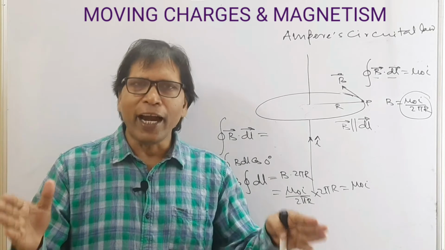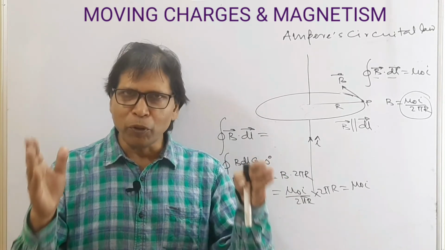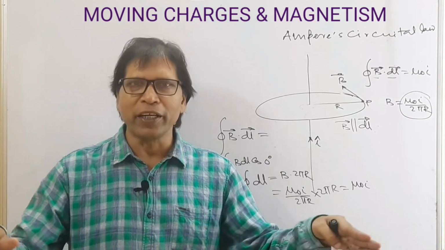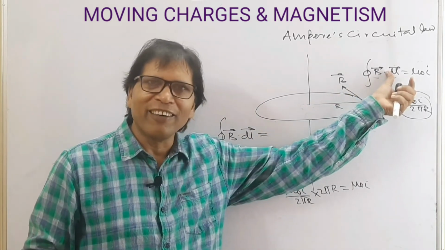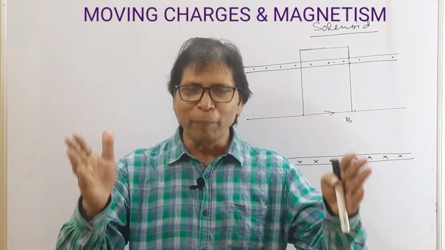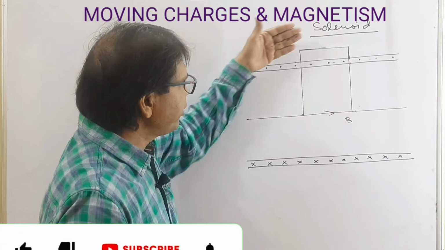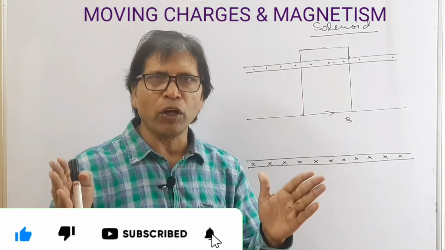During charging and discharging of a capacitor, a magnetic field is produced in it. This magnetic field is not obtained with the help of Ampere's circuital law. Okay? Now we have to calculate the magnetic field in a solenoid. Look at this. This is the half section of a portion of a solenoid.